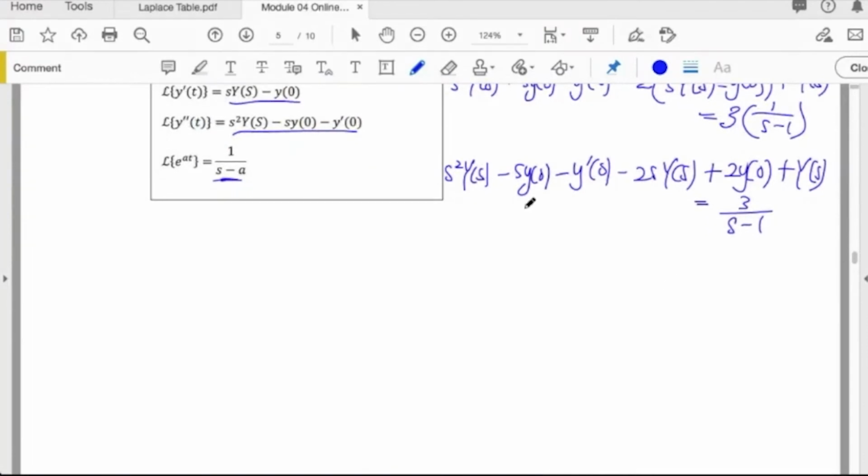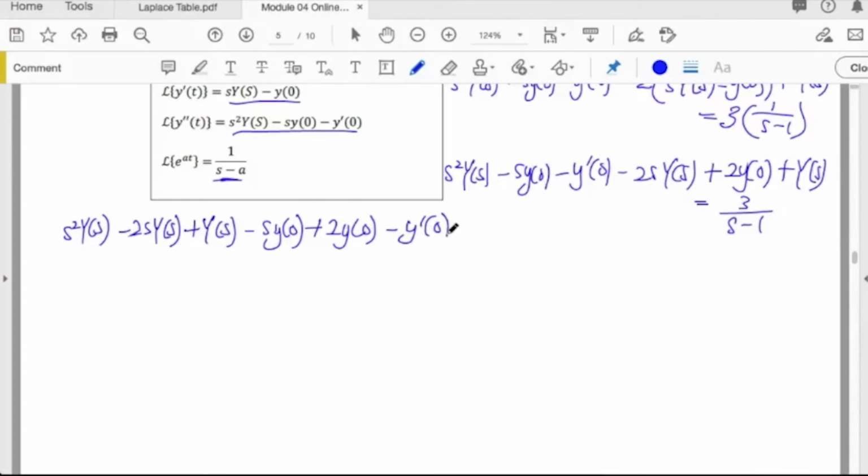So we group Y(s) with Y(s). We have s squared Y(s) minus 2s Y(s) plus Y(s) minus s y(0) plus 2y(0) minus y'(0) equal to 3 over s minus 1.